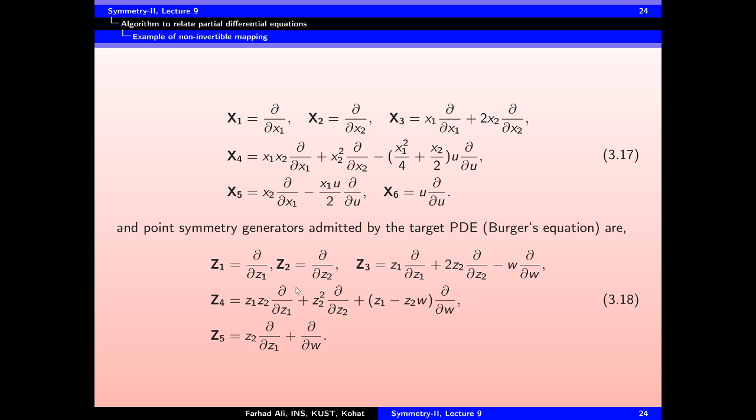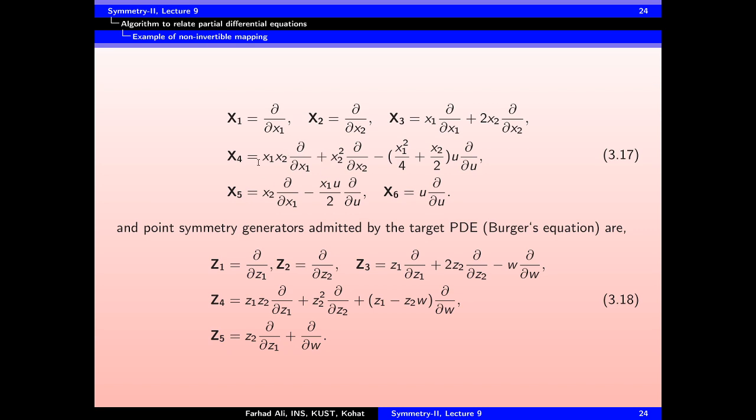But what is common in them? You see, x1 is like z1, x2 is like z2, x3 is like z3 in the independent variable. You see the action on the independent variable is here, and the action on the independent variable is here, so this is the same action of the independent variable here and here.